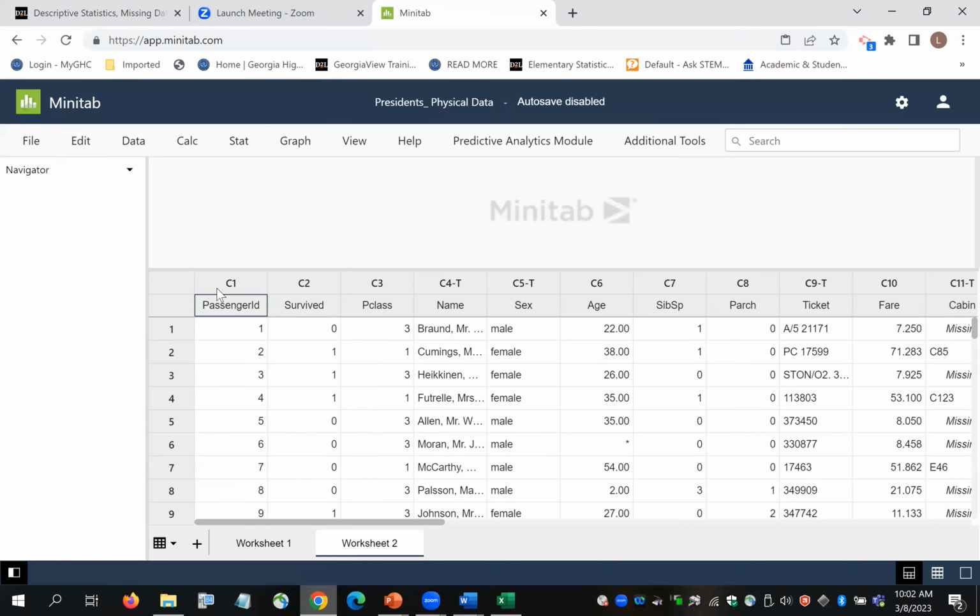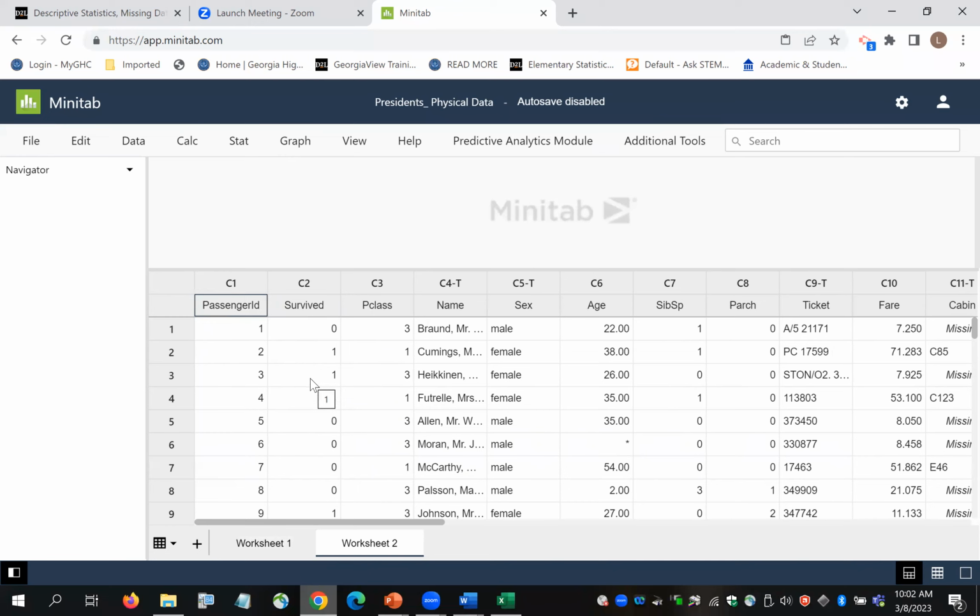Okay, one of the things that you may want to do when you first look at a data set is you may want to kind of figure out what information you have. So I have passenger ID, I have survived, and it looks like I have zeros and ones. Okay, so they're using a coding system, and I'm not sure which one is which, but let's say perhaps 0 means that they did survive and 1 means they did not.